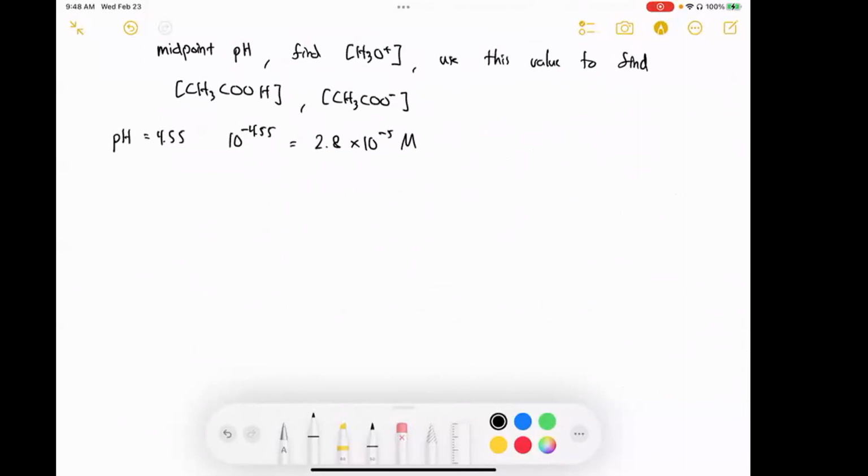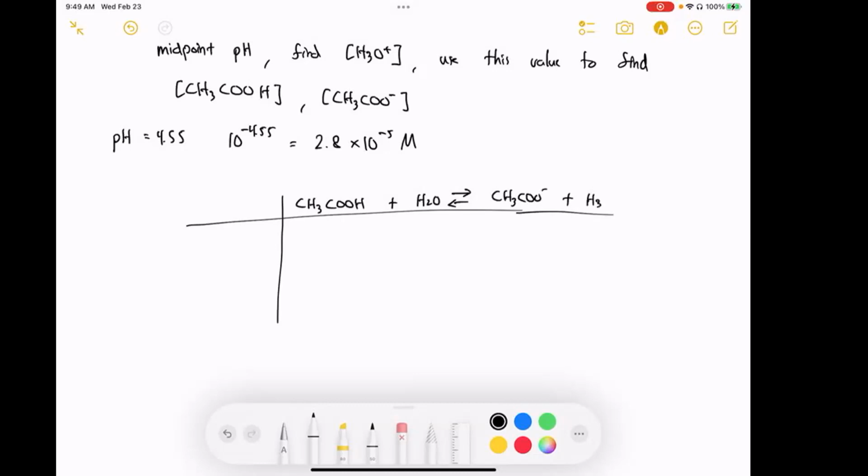The dominant reaction is the acid reaction because the pH is still below 7. So CH3COOH plus water gives us CH3COO minus plus H3O plus.